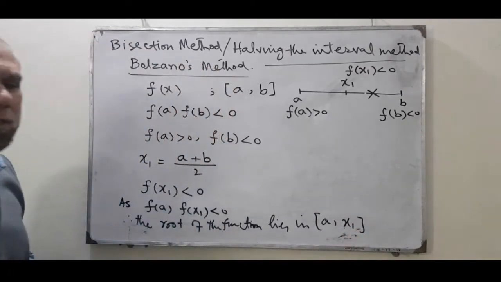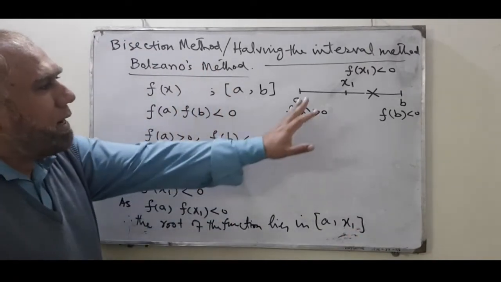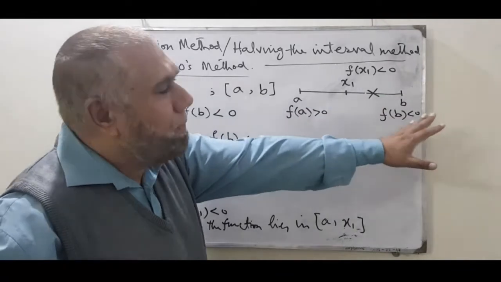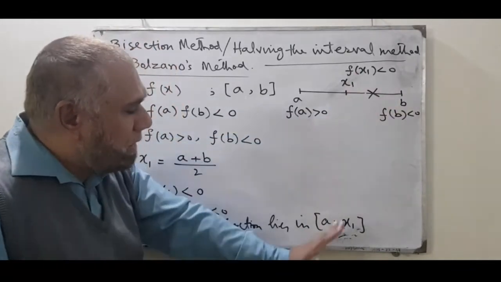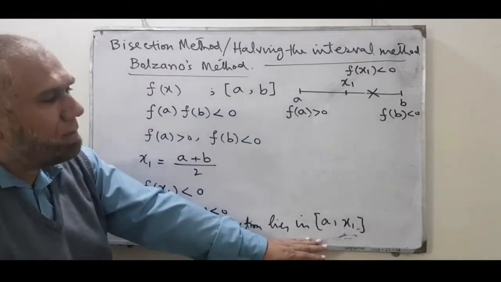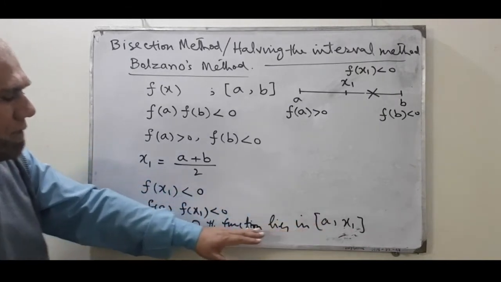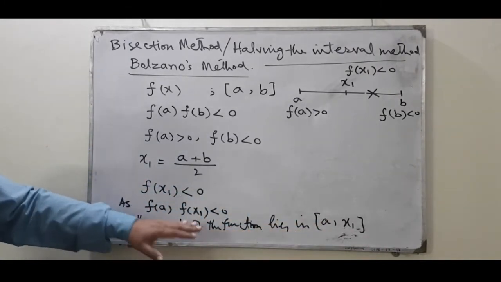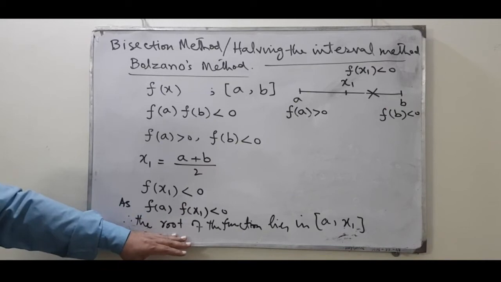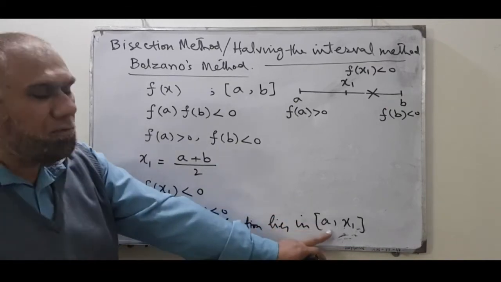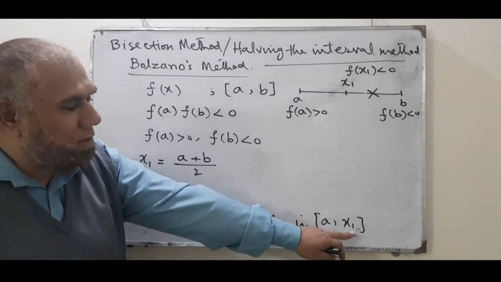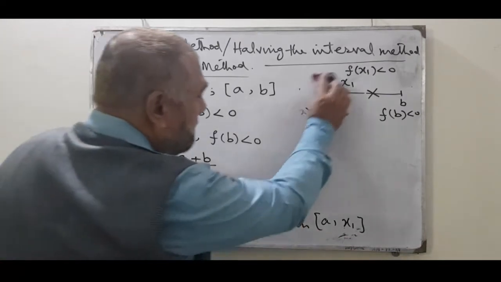So here you can see the interval has been squeezed and half of the interval has been dropped. And till here, the first iteration completes. And now you proceed for the next iteration. Whenever you go for the next iteration, your new interval is this one, a to x1. Let me show it here once again.